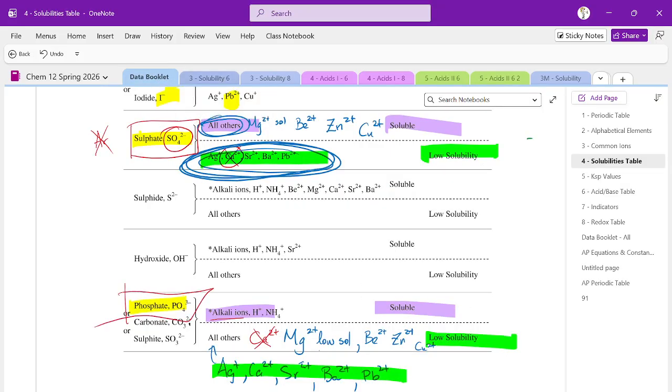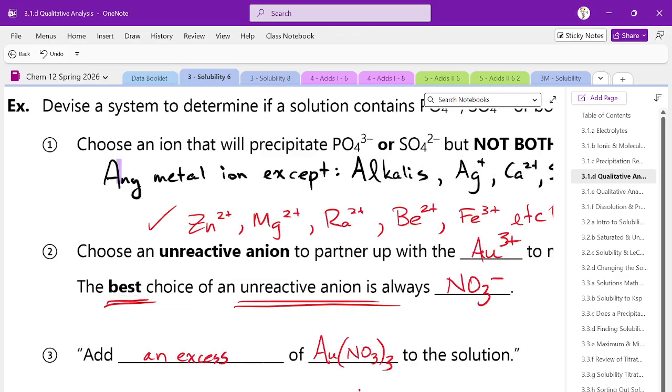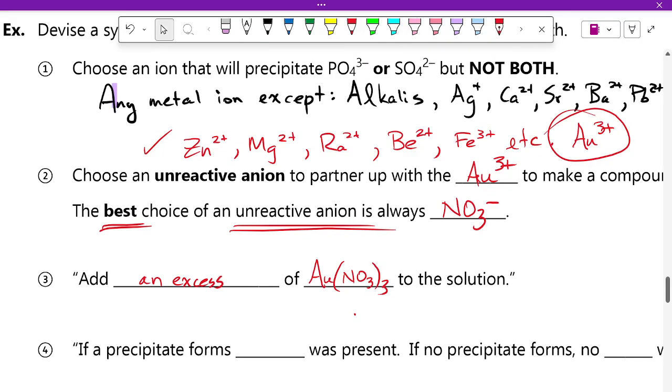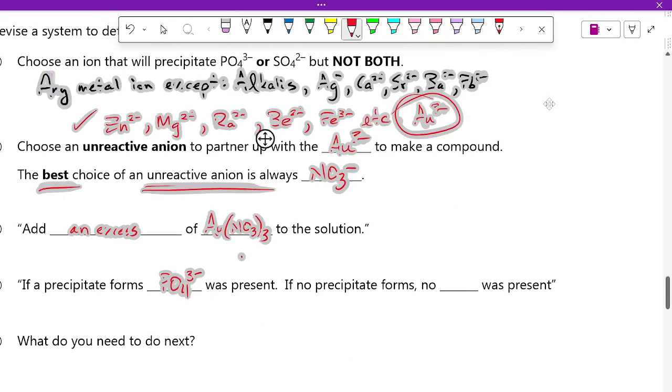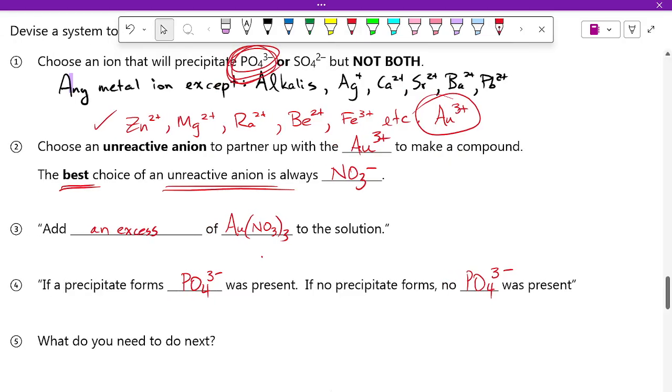Phosphate. Okay. If a precipitate forms, PO4 3- was present. If no precipitate forms, no PO4 3- was present. So now we have removed the phosphate. We have precipitated it out.